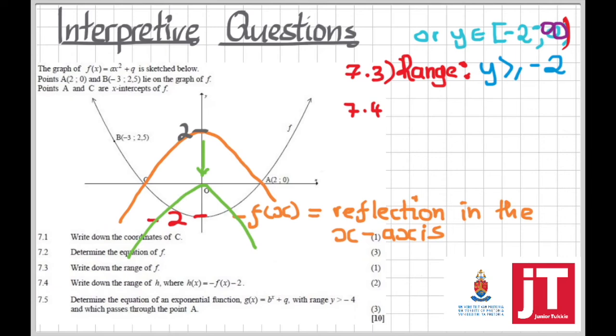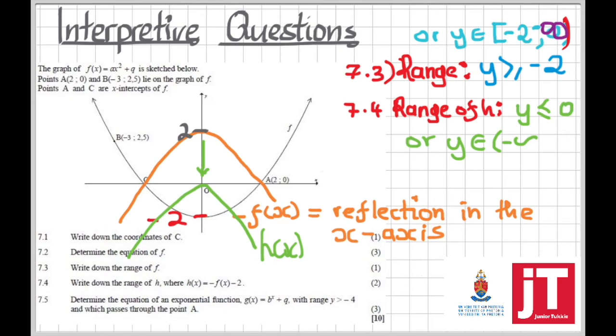So h of x is actually that green graph that you're seeing. Now, what is the range of that graph? I think now you can see it clearly: y is less than or equal to 0. Very straightforward. Or you could write it as y an element of (-infinity; 0] with 0 included.